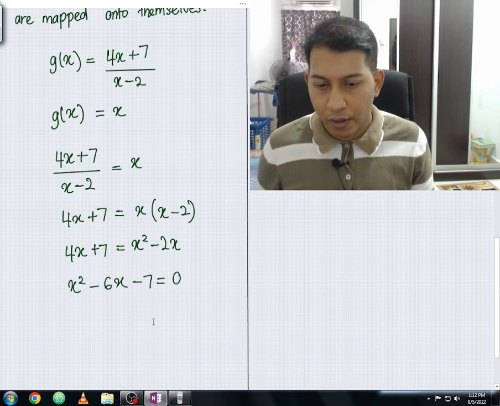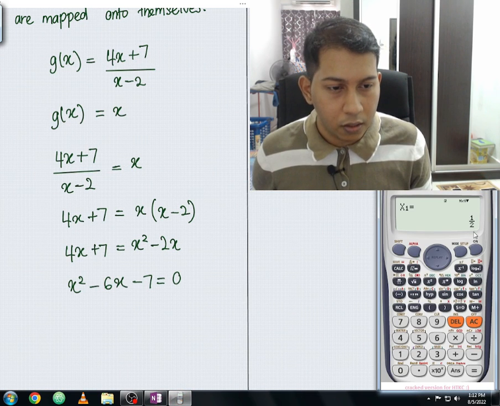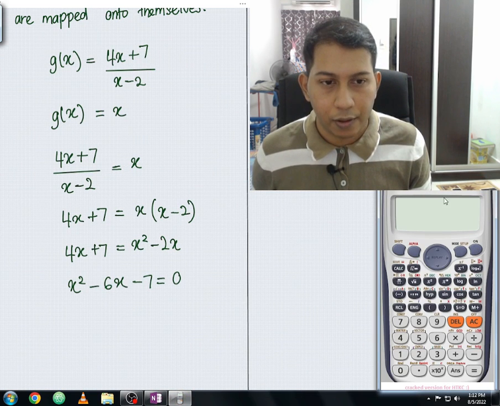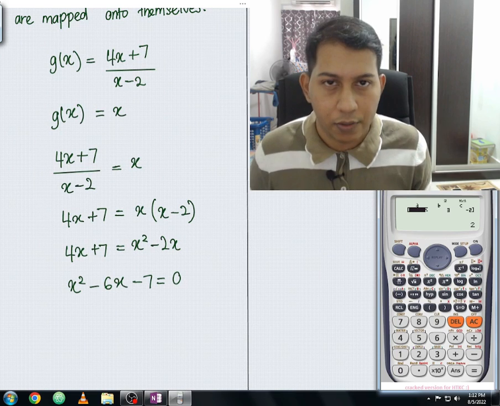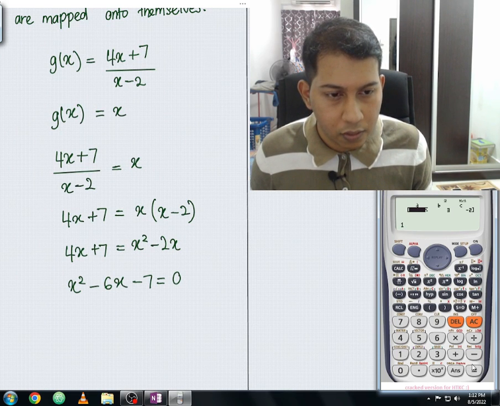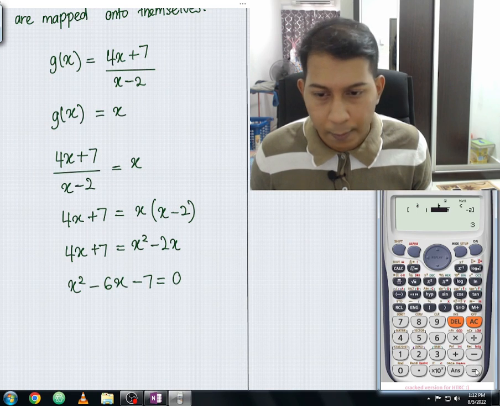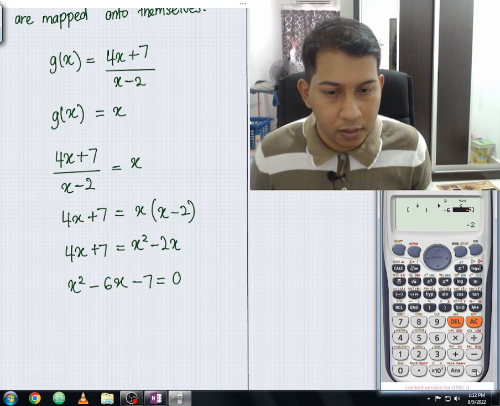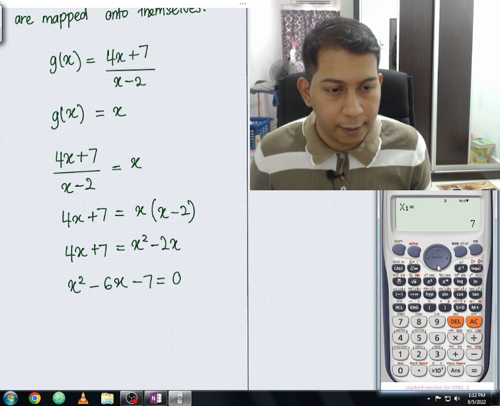So let us perform the factorization. Okay, use our calculator to make it easy. In this case, a is 1, coefficient b is negative 6, coefficient c is negative 7. Calculate.